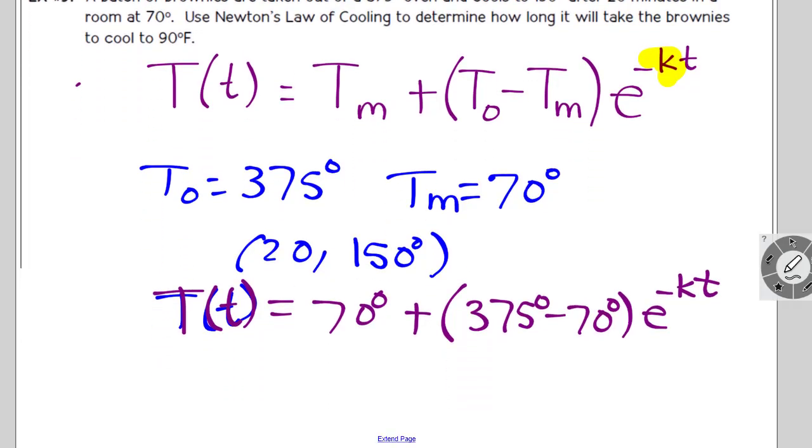We're trying to figure out what k is, and we have a particular point: when the time is 20 minutes, the temperature was 150 degrees. So I'm going to plug that in.